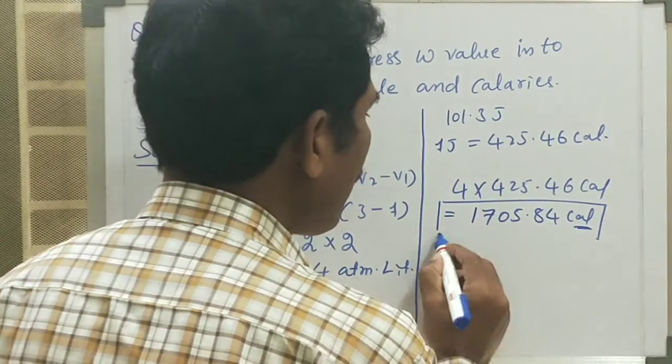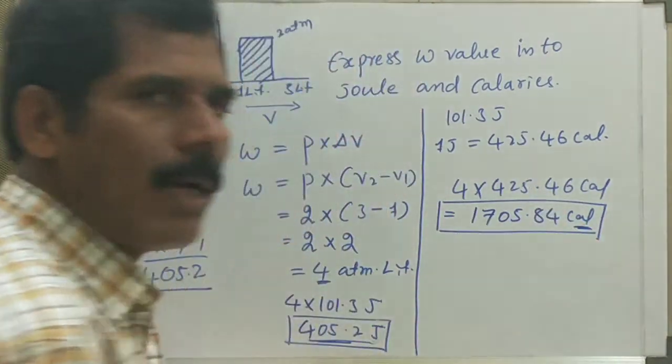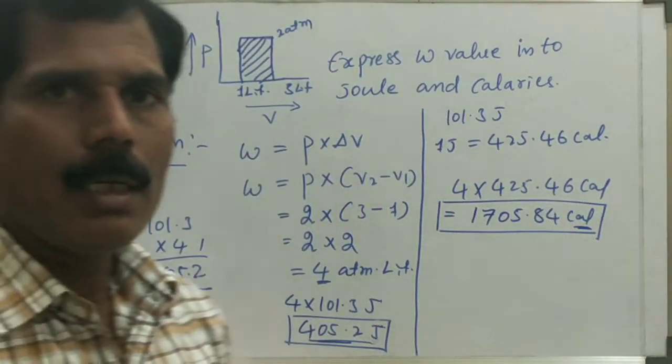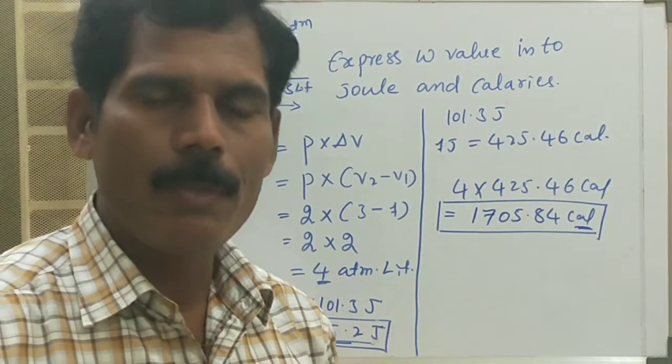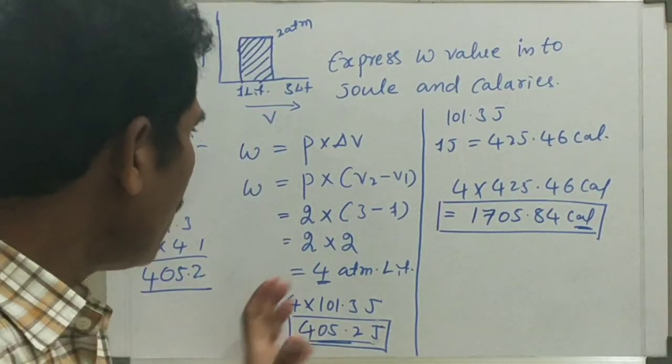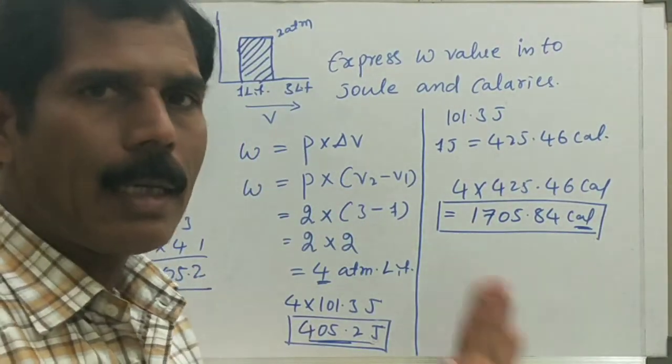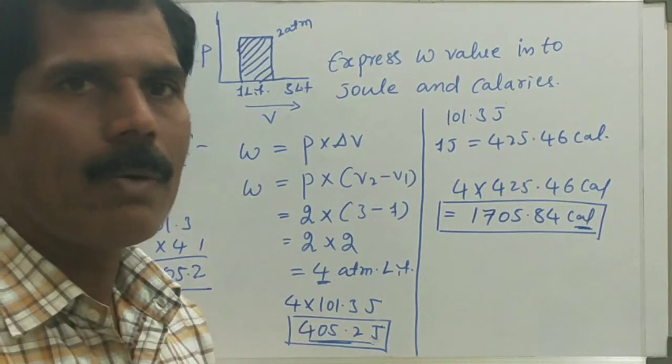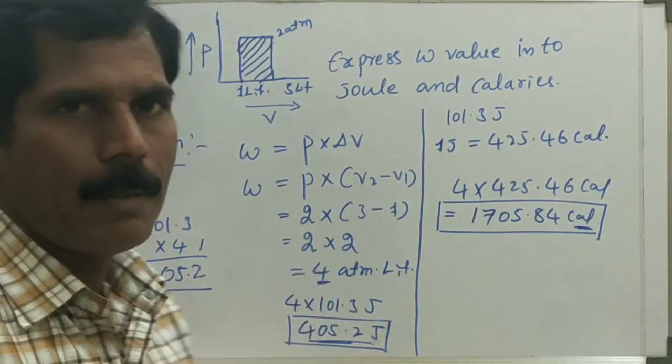In this way, for any various value of W, you can convert into calories as well as joules.